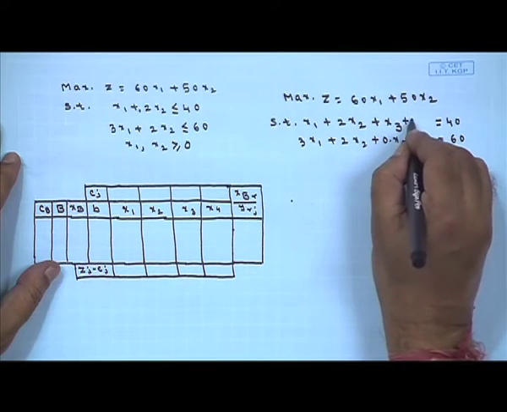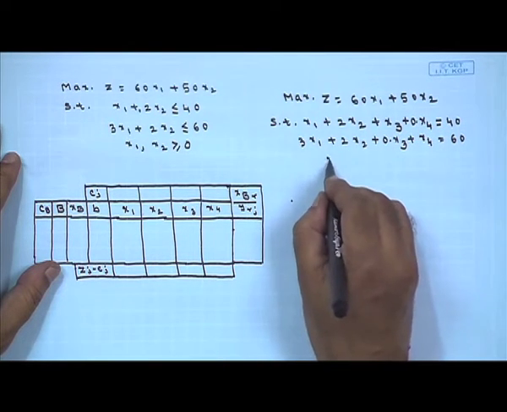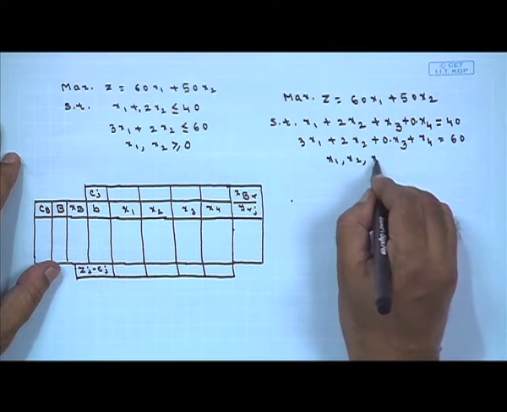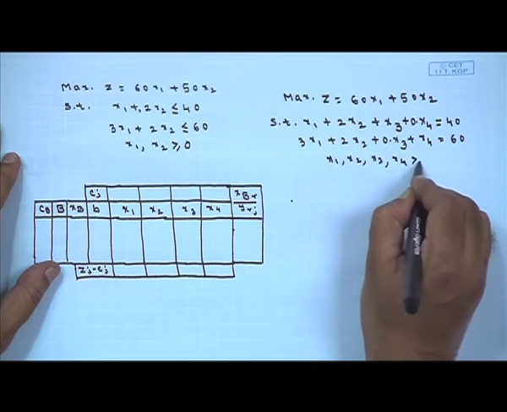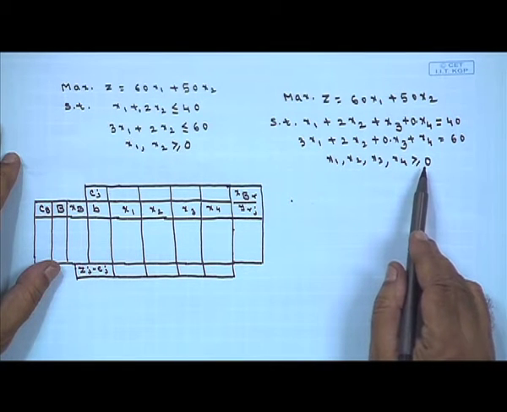Here also I can write 0 into x4, where x1, x2, x3, x4 all are greater than or equal to 0.